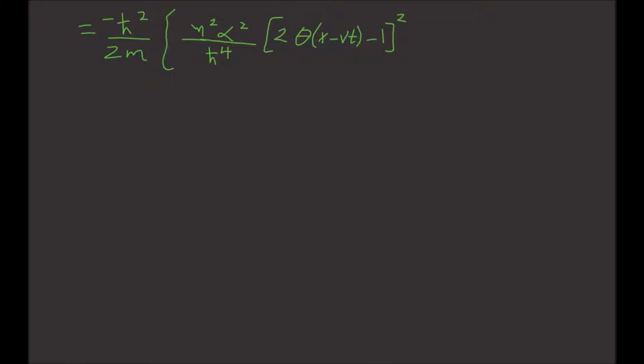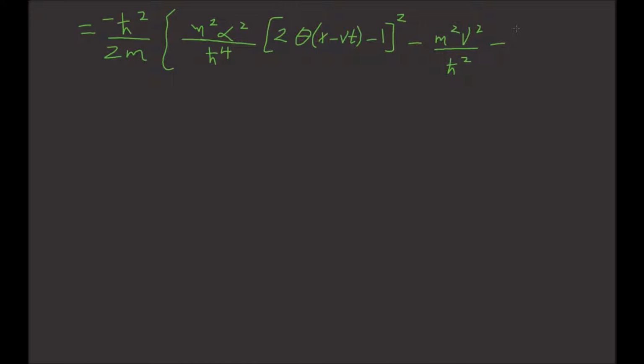So now we have equal minus i h bar squared divided by 2m times m squared alpha squared divided by h bar to the fourth. You see where this is coming from, right? Times 2 times the step function theta of x minus vt minus 1, squared, minus the cross terms, so we have m squared v squared divided by h bar squared.